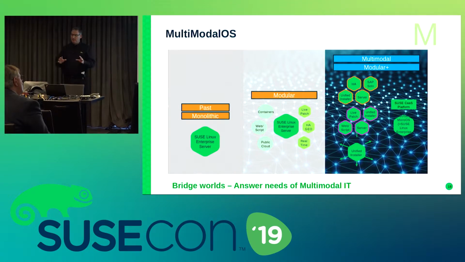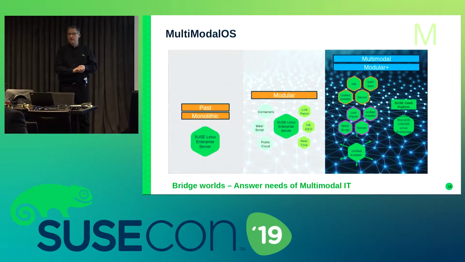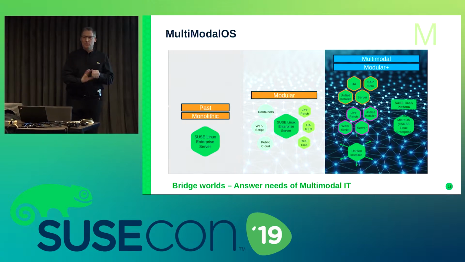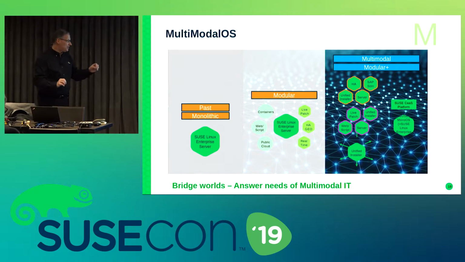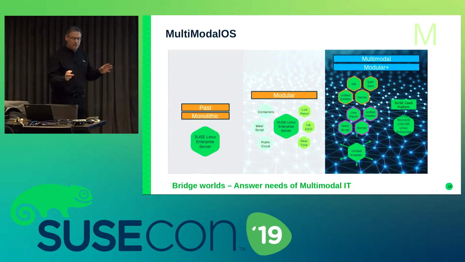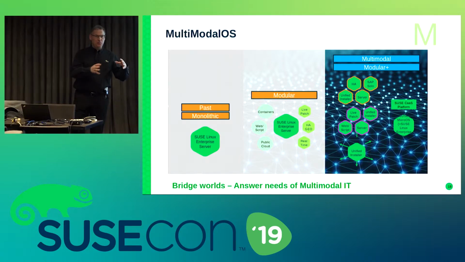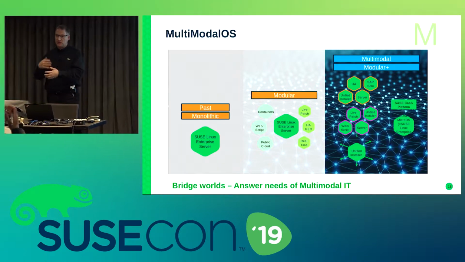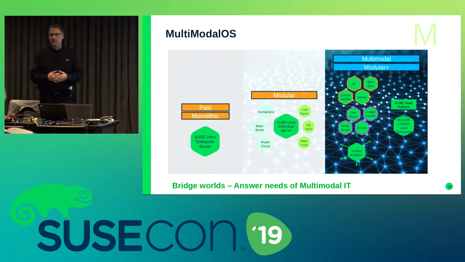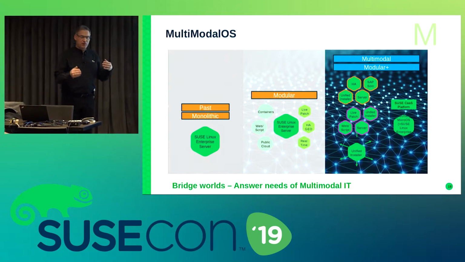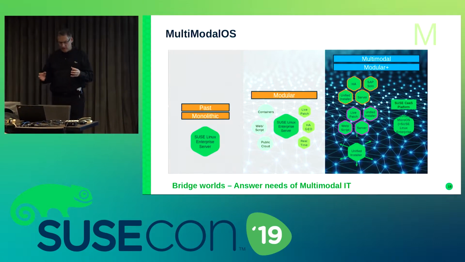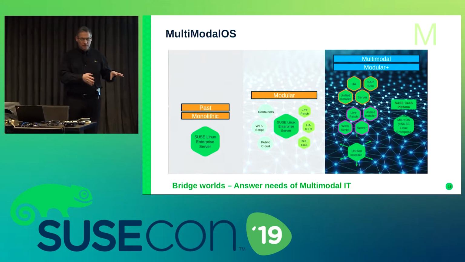Multimodal OS. Who has heard about bimodal IT from Gartner? Okay, so bimodal IT is a little bit of a black and white world, and probably too black and white. So what multimodal IT means is that there is a continuity between a traditional data center and a data center which is driven very agile or based on DevOps principles. The reality is that most customers have both or a mixture of these. And with a multimodal OS, we mean that we have on the one side capabilities such as live patching, which are truly mode 1, so very old-fashioned, traditional, reliable.